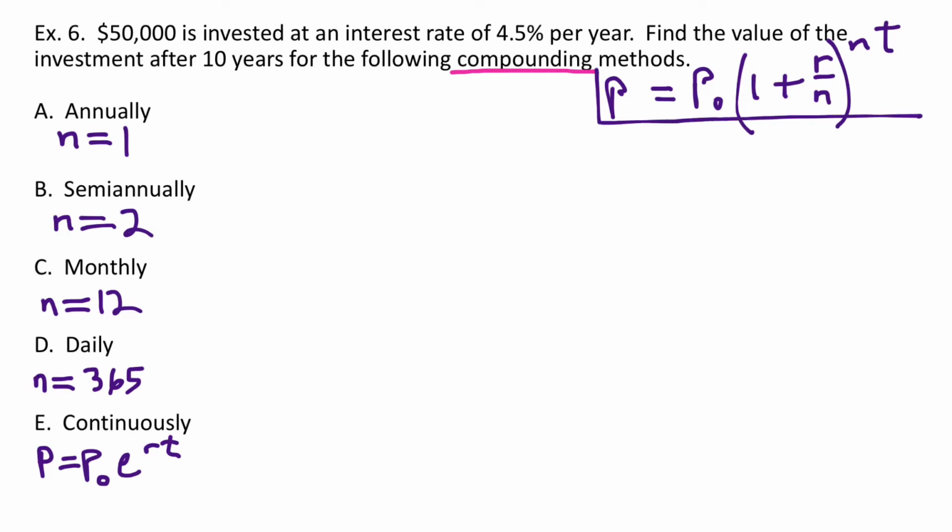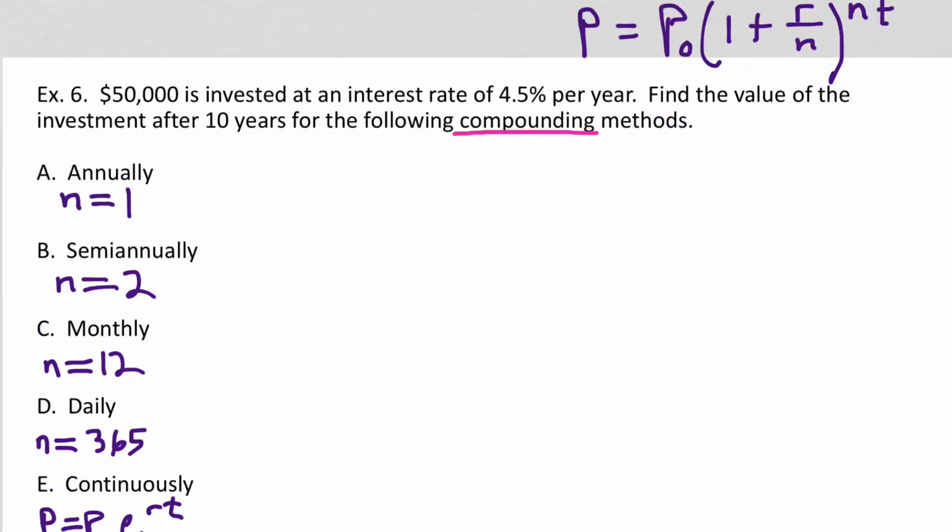All right, so we're asked to compare, so we want to find out basically what effect your n has on your compounding. All right, so let me just scoot that up to the top so I can write it all out on this page. So I'm given some information here in the problem. I'm given my initial investment, so that's your P0.